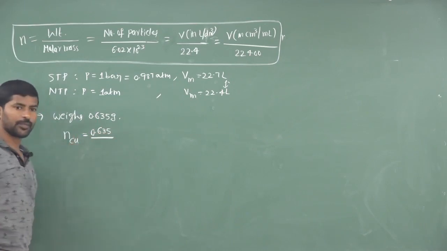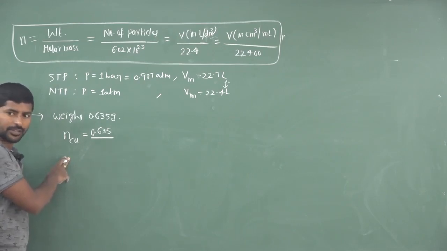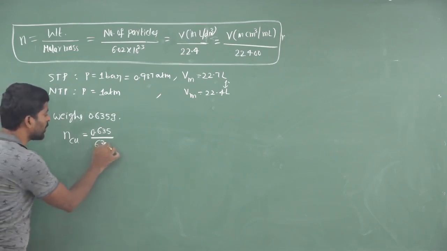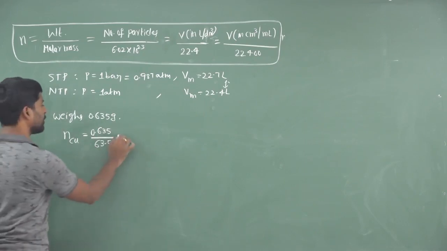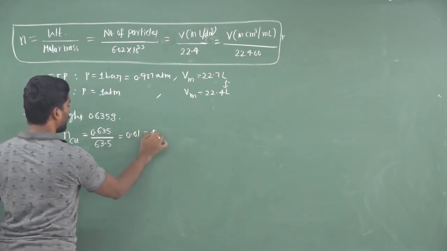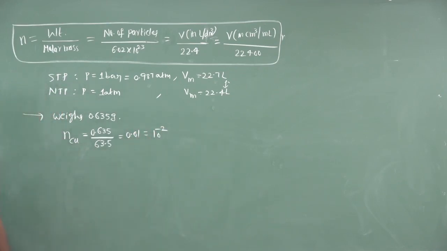What is the gram atomic weight of copper? Avogadro number of copper atoms mass, 63.5 grams. Gram atomic weight of copper is 63.5. That means what we are getting? 0.01, that is 10 power minus 2 moles. This is number of moles. But what is the question? Number of copper atoms.